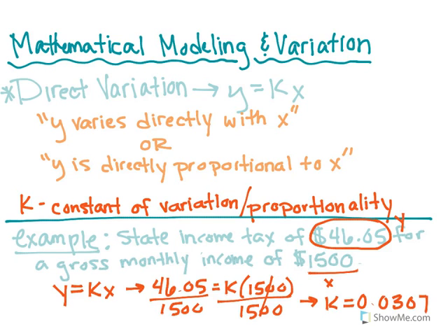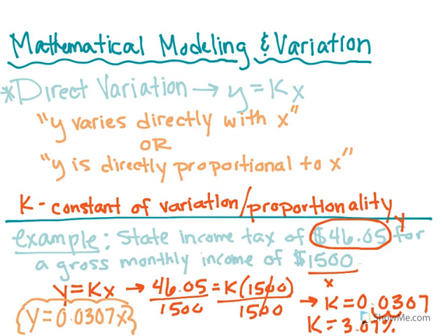0.0307. Now, remember that income tax is typically a percentage. So what would this value be as a percentage? Well, we move the decimal place over 2 times to the right, and it's going to be a 3.07% rate for your state income tax. So the function altogether is y equals 0.0307x.